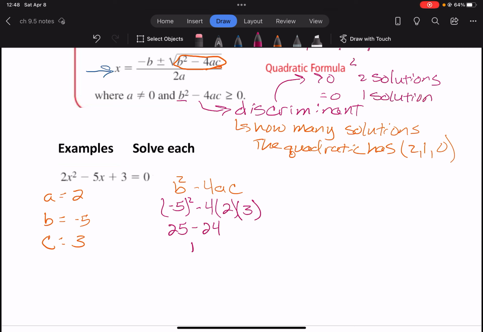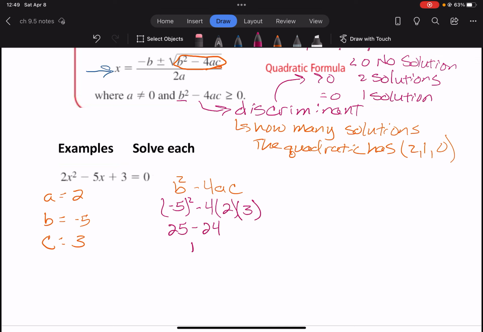If it is less than 0, no solution. Okay? So you either got 2, 1, or 0, and that's based on whether it's above, below, or equal to 0. Ours is above 0, so we got 2 solutions.